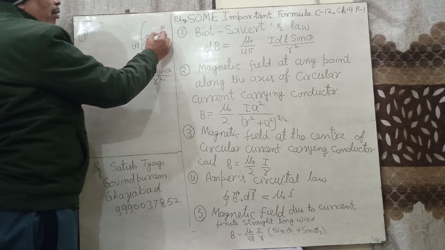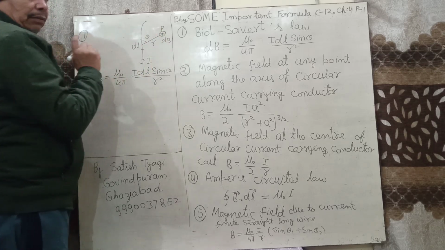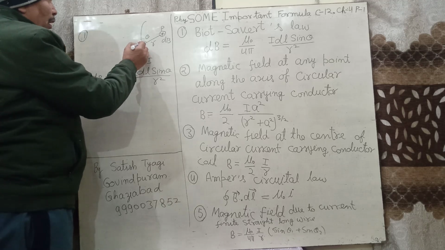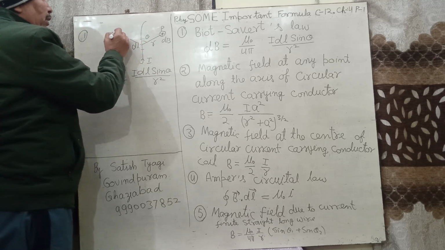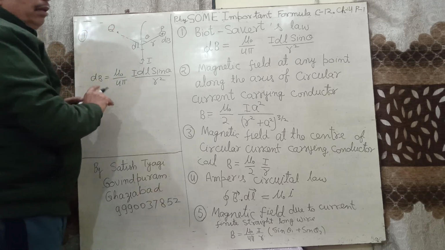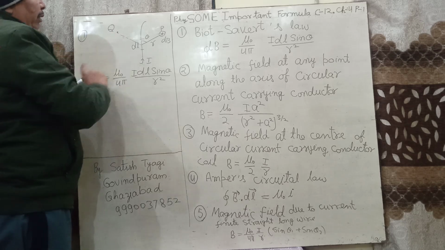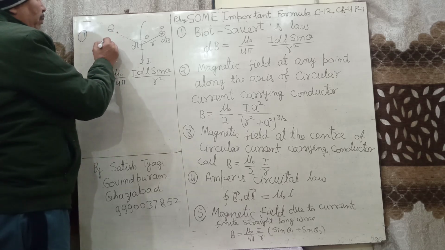Then here the magnetic field is inside, perpendicular to the board. And suppose this is the point Q where we find the magnetic field dB.